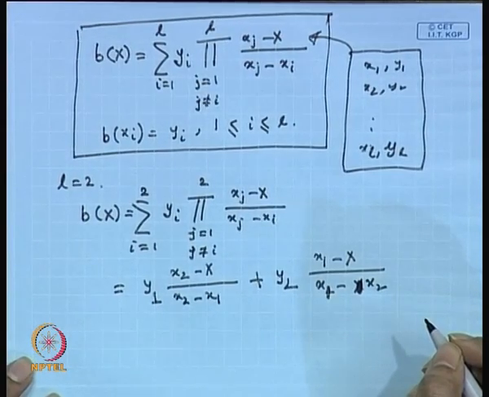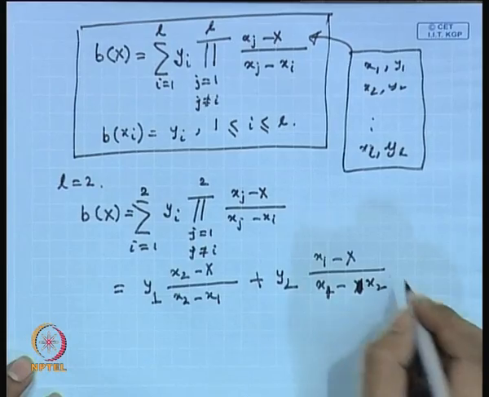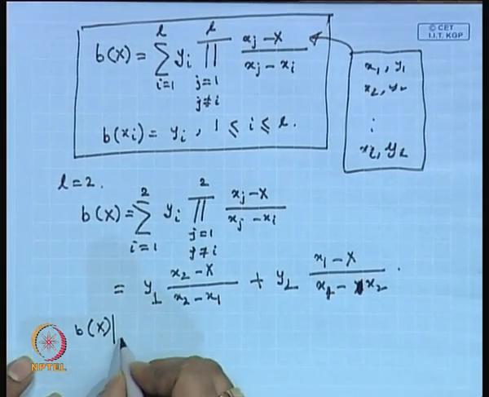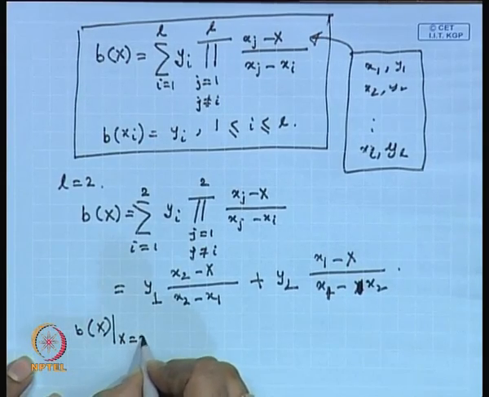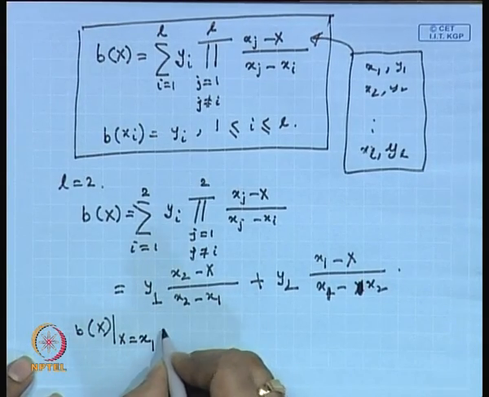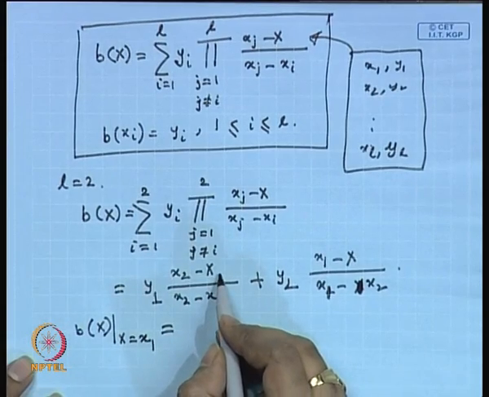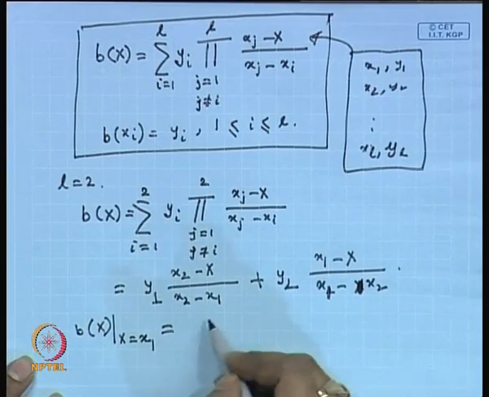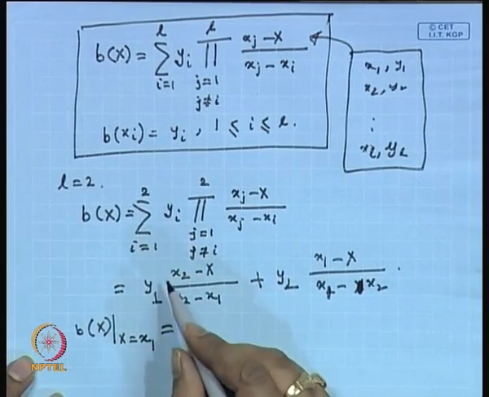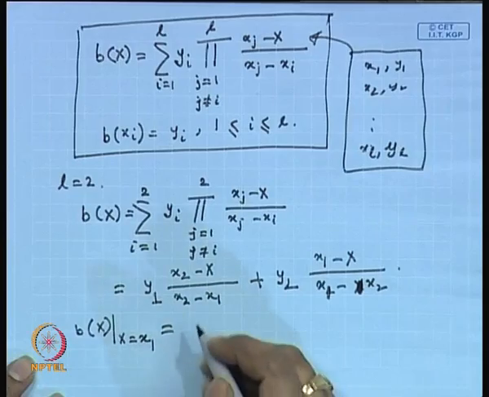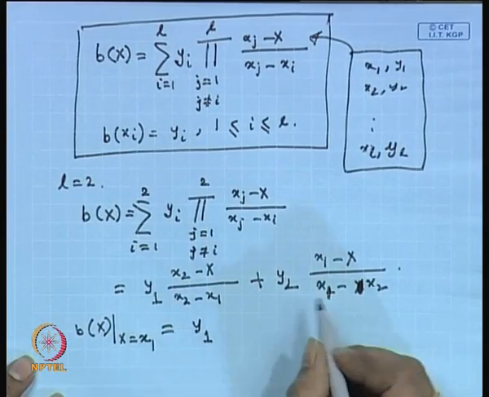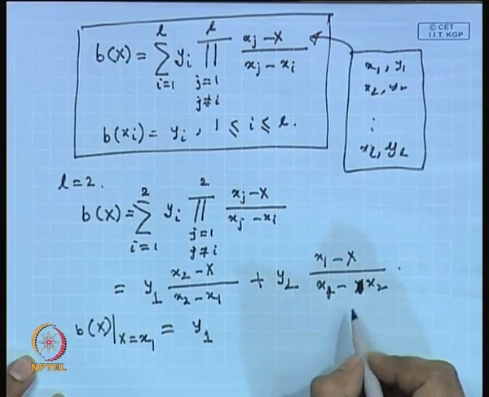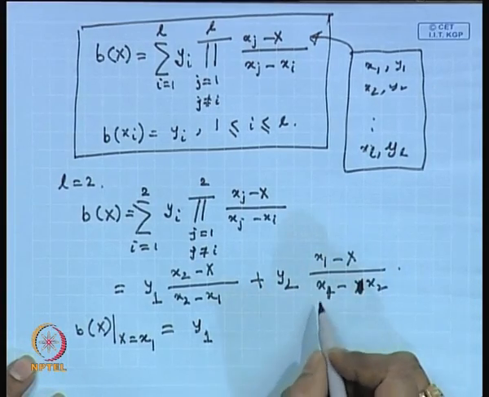Is it correct? So, now you see that in this polynomial, if you compute b(x) at the value of x equal to x1, then if you substitute x1 here, this (x2 minus x1) by (x2 minus x1) becomes equal to 1, right. So, this is y1 plus y2 multiplied by a value that goes to 0.